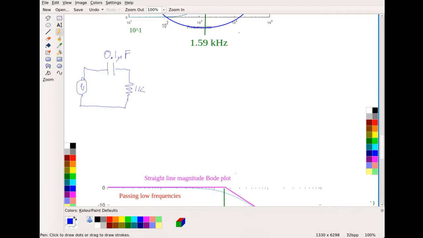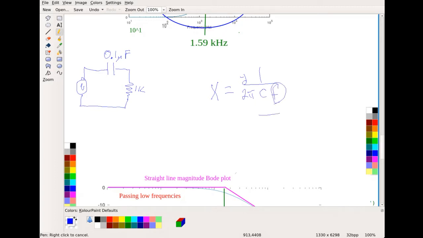If the cap comes before the resistor, it's high pass, and if the cap comes after the resistor, it's low pass. That is true. The reason for that is, remember that the impedance of a capacitor, with your minus j there, is 1 over 2 pi times C times the frequency.